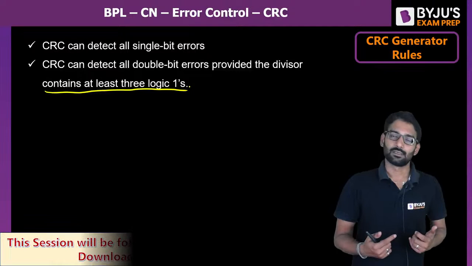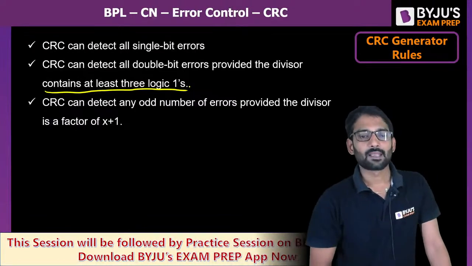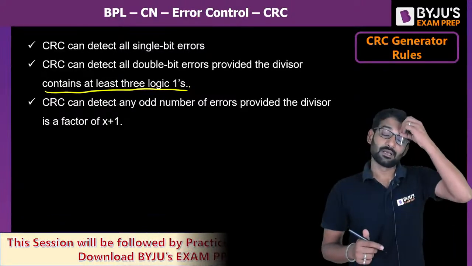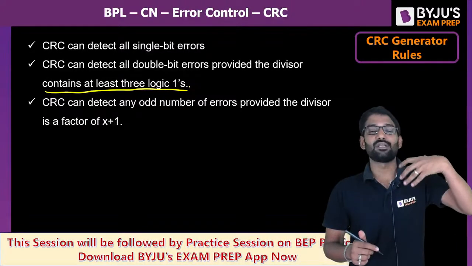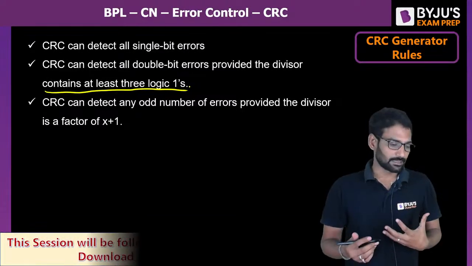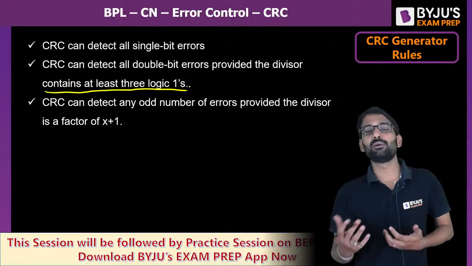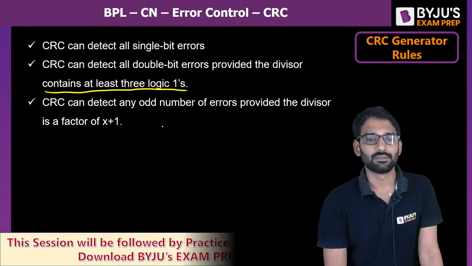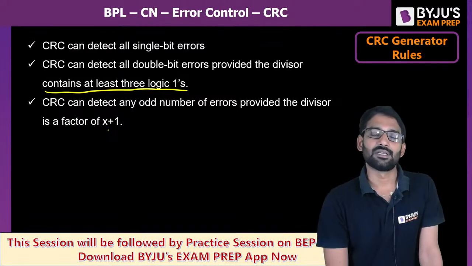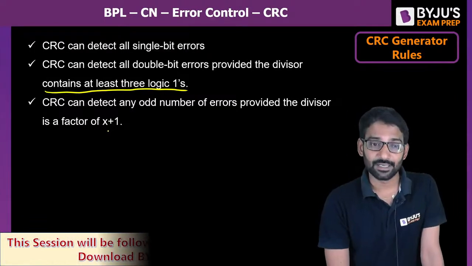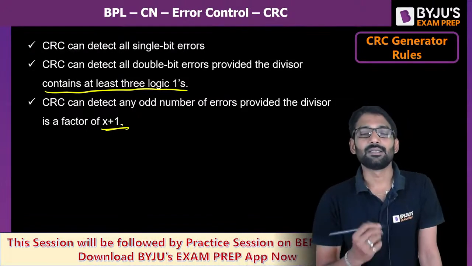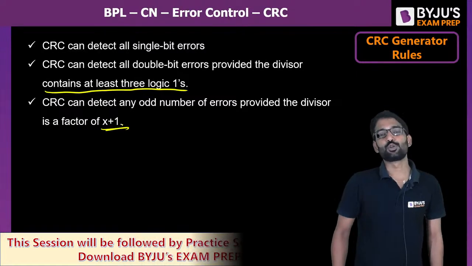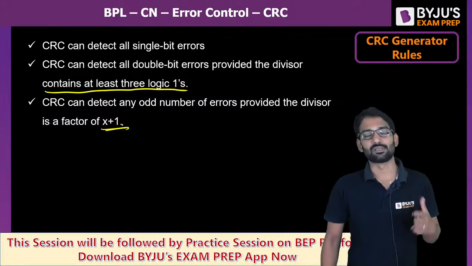modified, it can detect. CRC can detect any odd number of errors, means 1 bit changed, 3 bits changed, 5 bits changed, like this. If there are any odd number of bit errors, then CRC can detect, provided the divisor is a factor of x plus 1. That means it should be divisible by x plus 1.